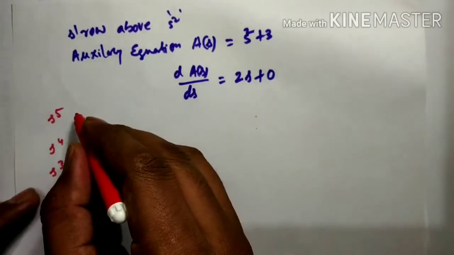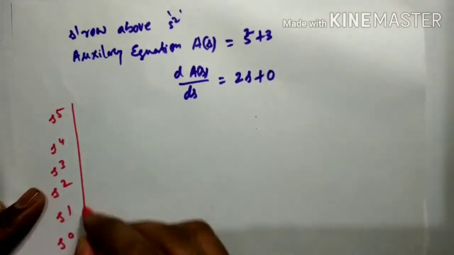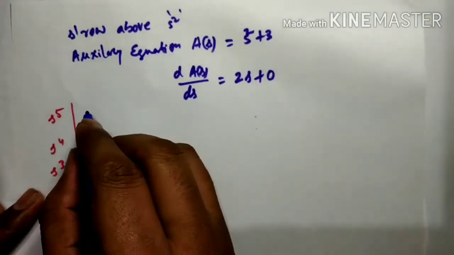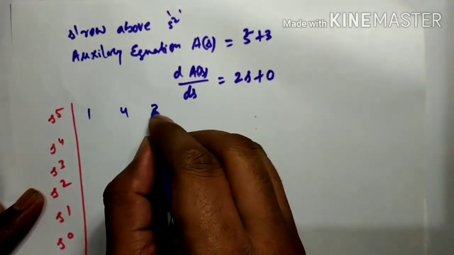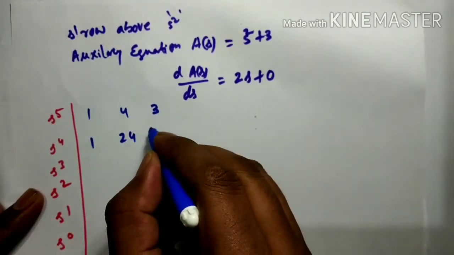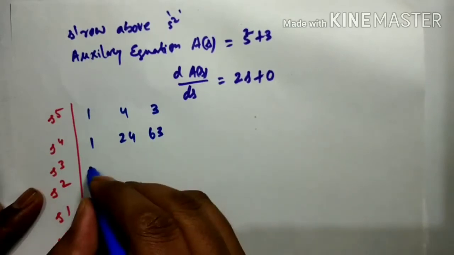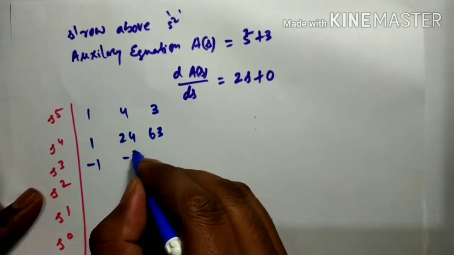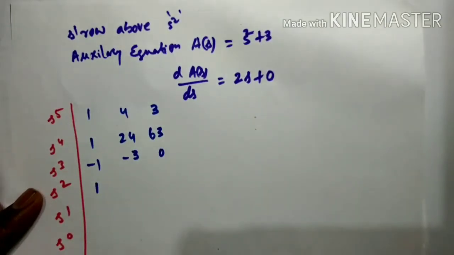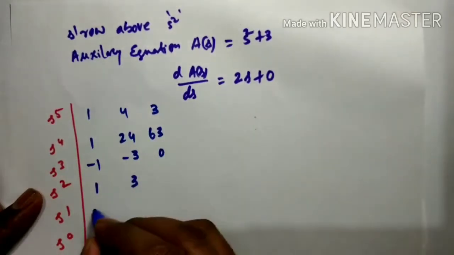You know the coefficients, we have done all these things. So that is 1, 4, 3, then 1, 24, 63. So minus 1, minus 3 is 0. Next 1 is 3. Then what is the s power 1 coefficient here? Next 2 and 0, right?